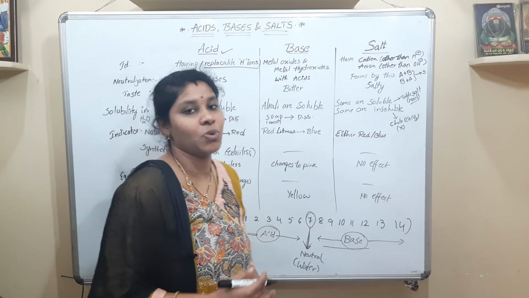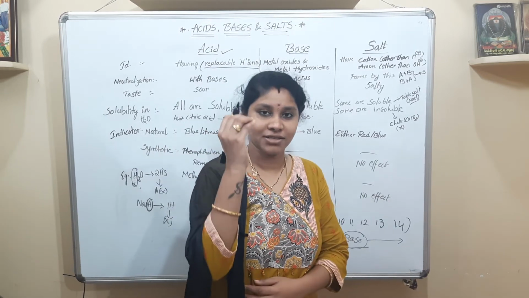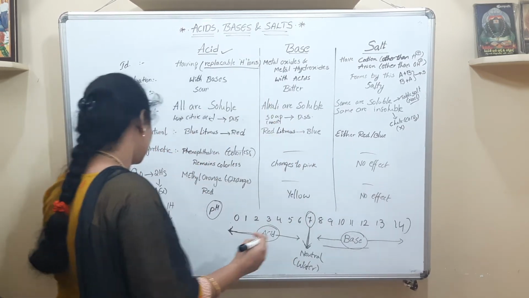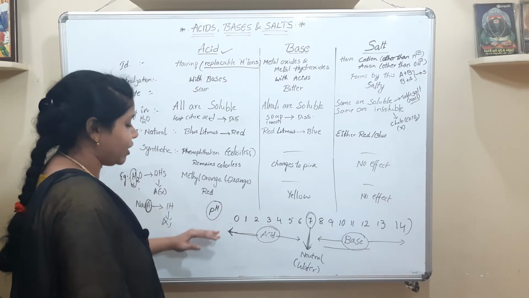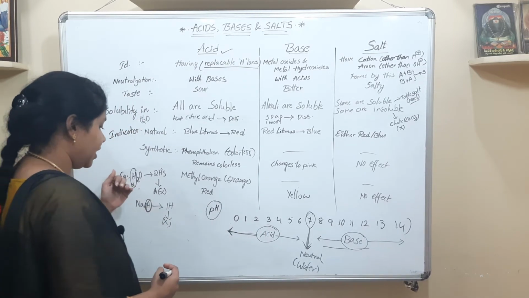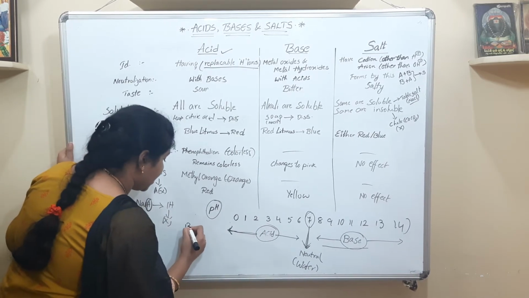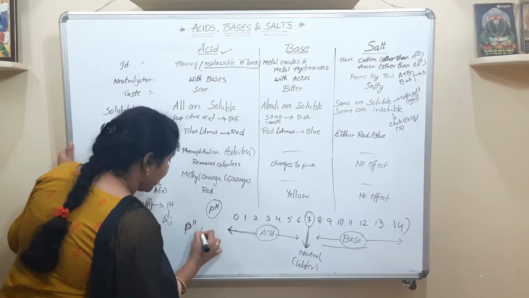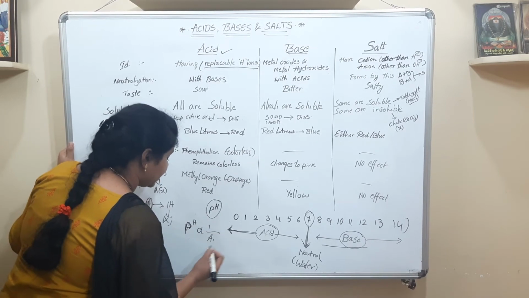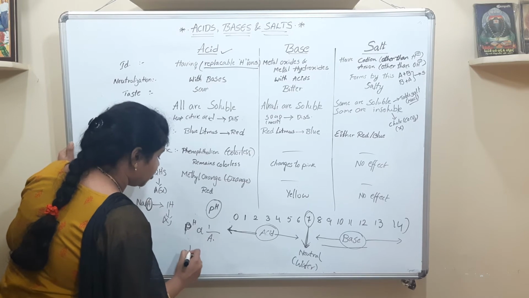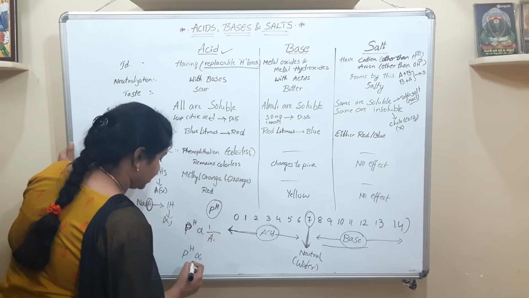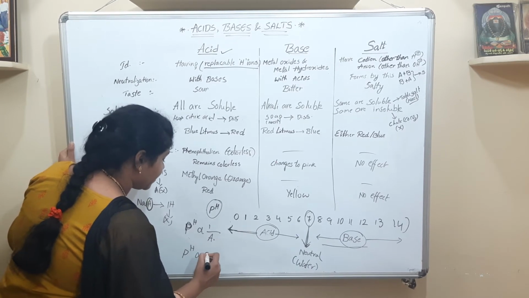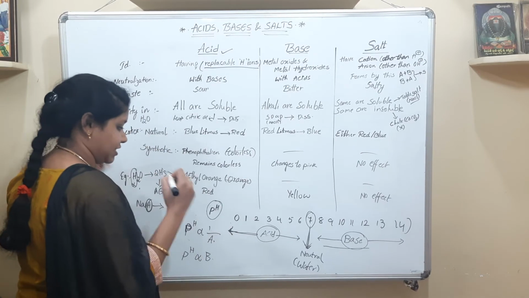If we check the pH value of water, it is 7. Here, when the pH value decreases, the acidity increases. That means pH value is inversely proportional to acidity, and as the pH value increases, basicity increases. So pH value is directly proportional to basicity.